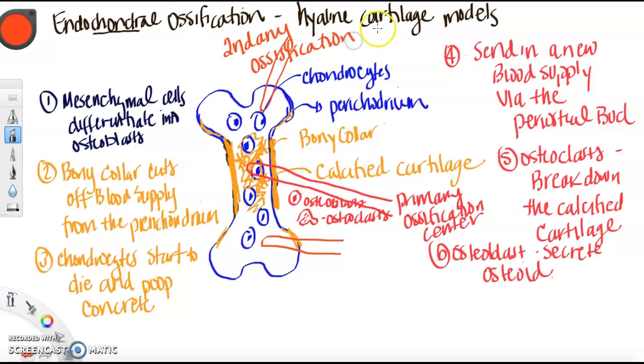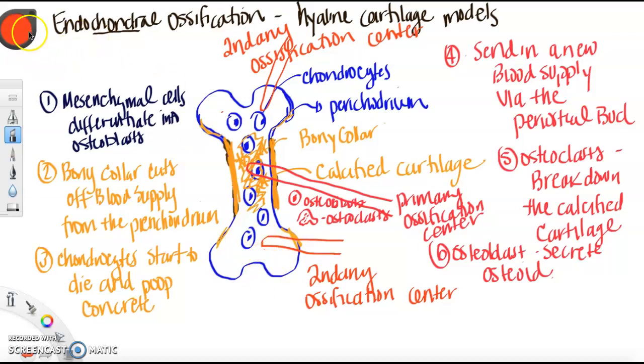So here's a secondary ossification center for this epiphysis, and here's a secondary ossification center for this epiphysis. Same thing happens. We get osteoclasts in there that break down the calcified cartilage from the dying chondrocytes, and then osteoblasts deposit osteoid.